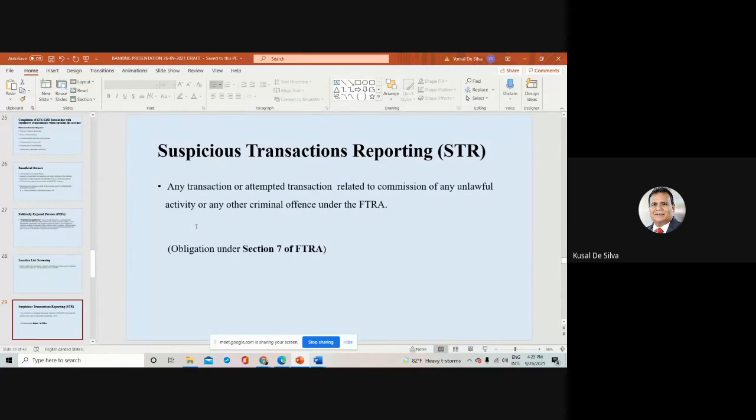Under that, there are certain obligations for the bank to comply with, and the central bank, especially the FIU, is monitoring these patterns very closely, sending guidelines, conducting training, and is highly committed to ensuring that our banking systems are not used by criminals for their illegal activities.